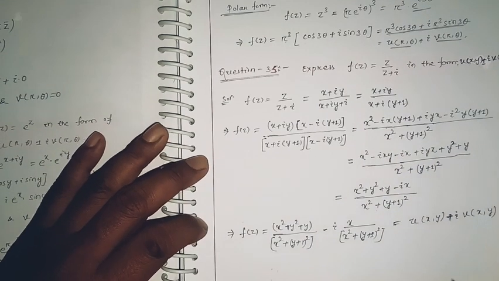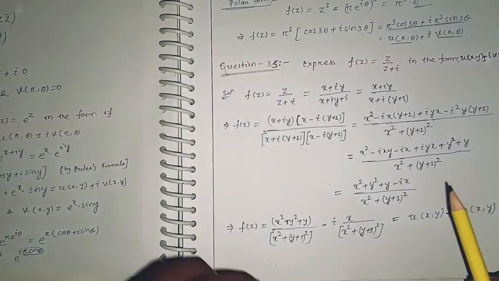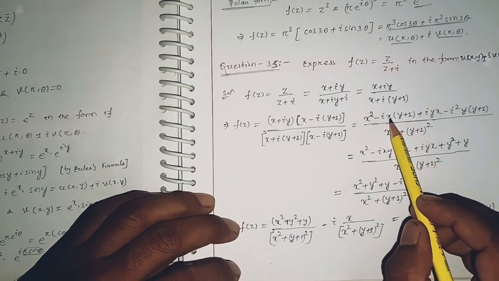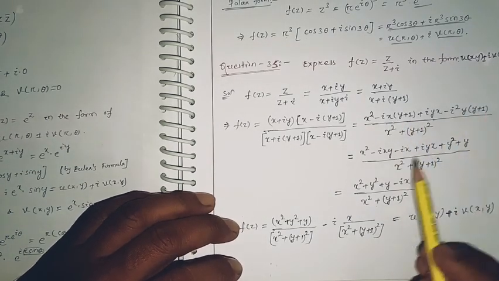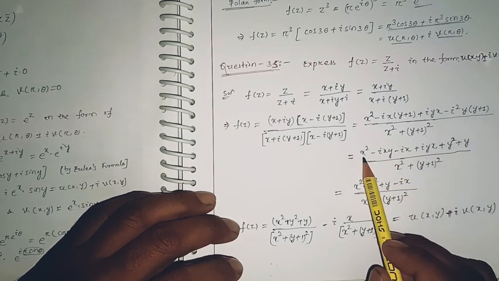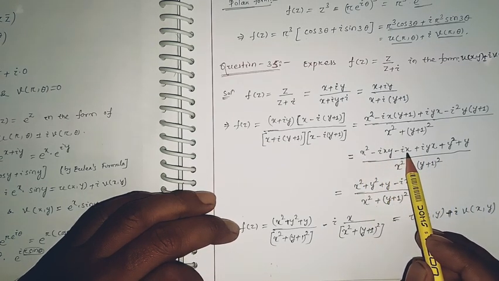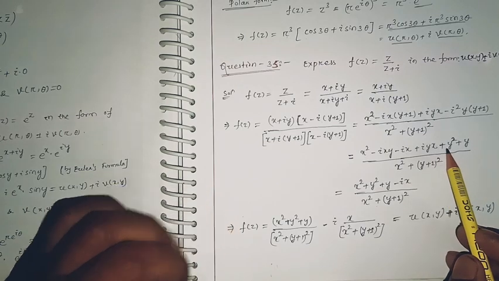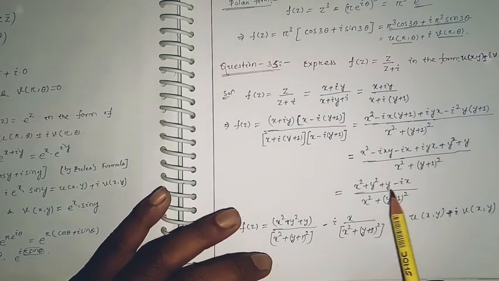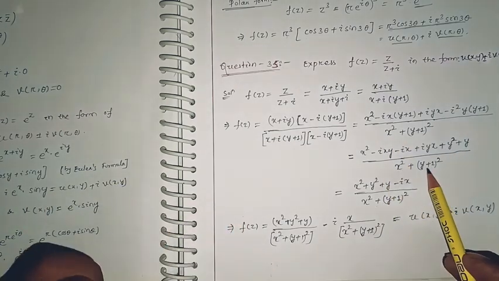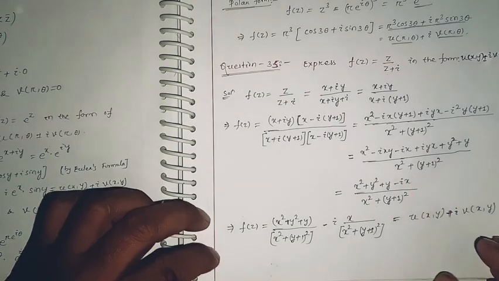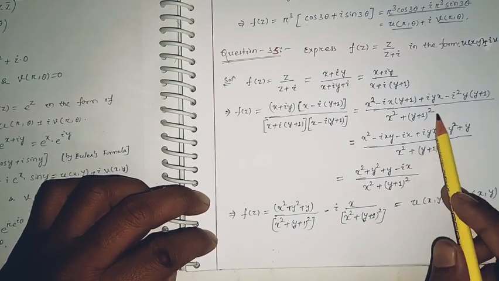Here again you multiply x with this one, y with this one, and we find the numerator: x square minus ixy minus ix plus iyx plus y square plus y, whole divided by x square plus (y plus 1) whole square. As such it has been written, the denominator.